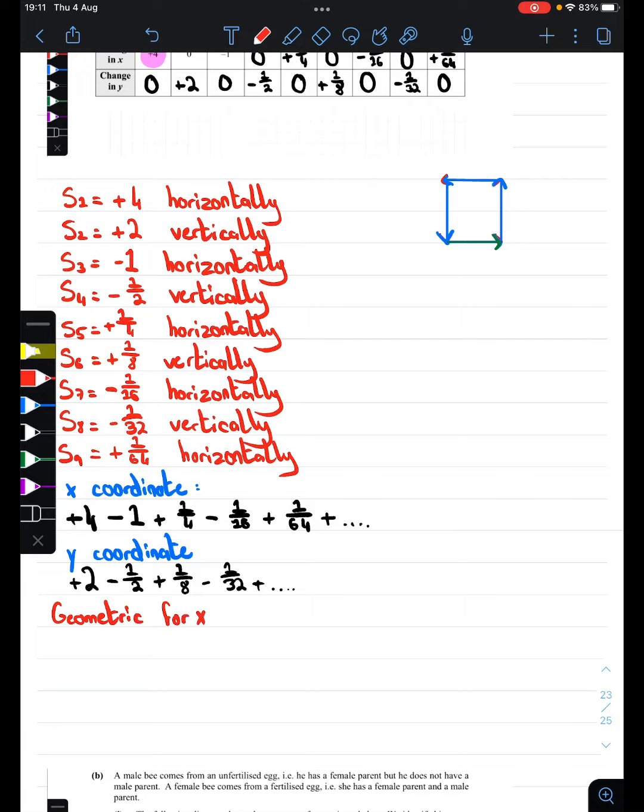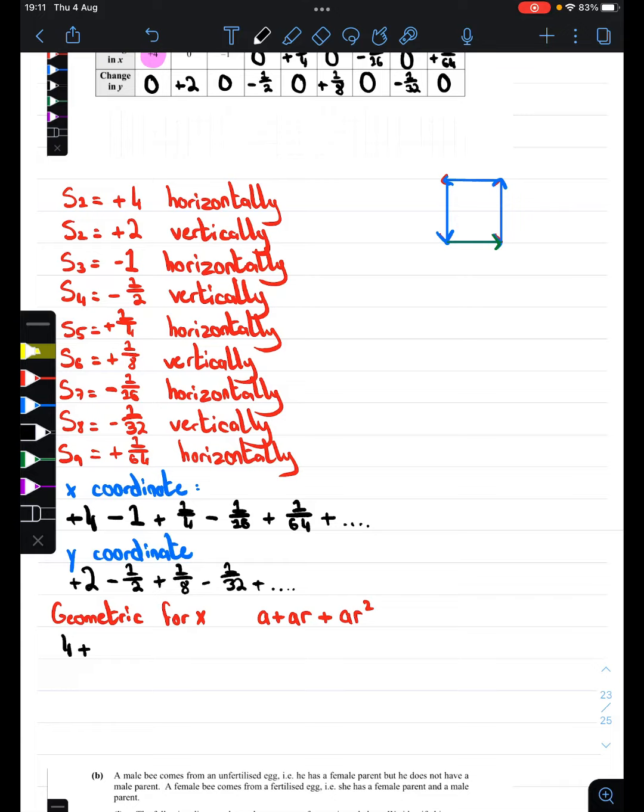A geometric series is of the form a plus ar plus ar squared. The first term is 4, and the second term is minus 1.